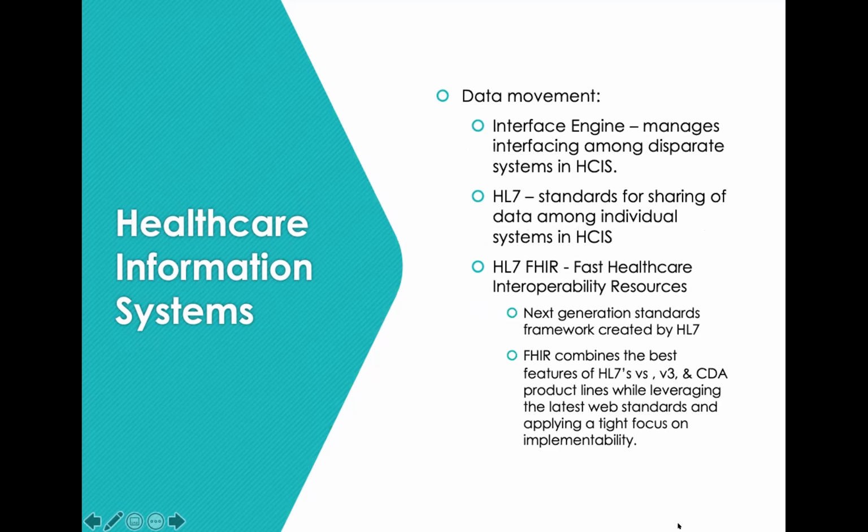We talked about standards last time, important for interoperability, but HL7 is a standard for sharing data between healthcare information systems. And even more recently, HL7 FHIR is being promoted right now, and APIs and interoperability standards around FHIR are being developed to better enable and close that interoperability gap.